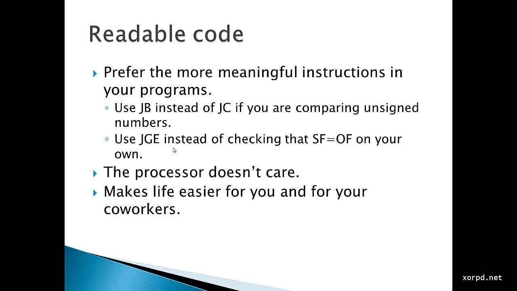You could use any of those, and as long as it means the right thing, for example, for you, the processor will just do it and the program is going to work. The processor doesn't really care about your choices. The program is just going to run. However, making the right choices of instructions, even instructions that have equivalent behavior, should make life easier for you and for your co-workers, because it will make your code much easier to read and maintain, and also to understand.